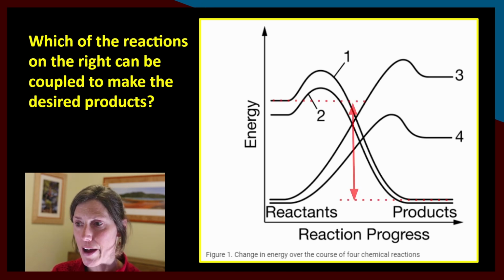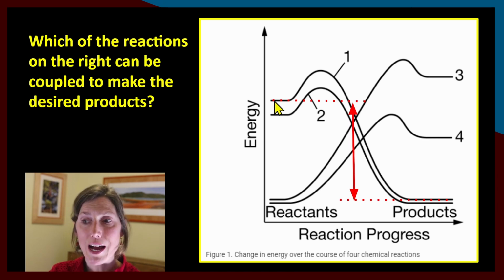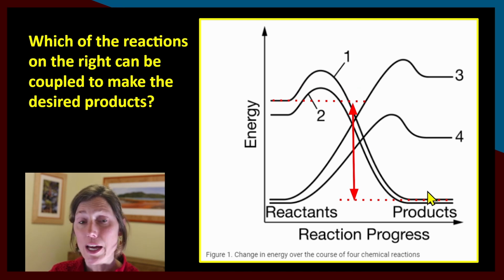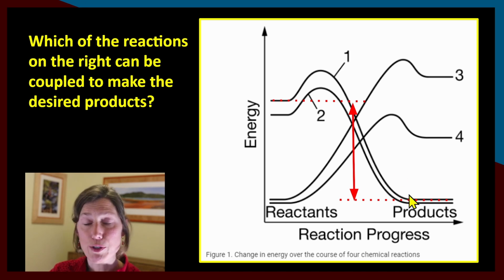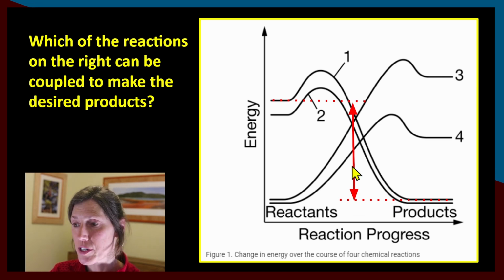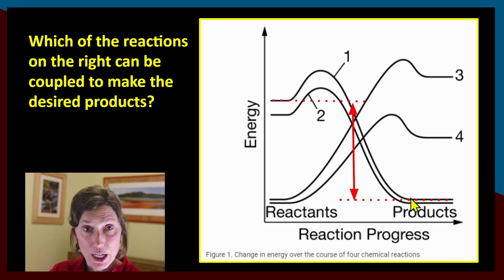So the first graph, number 1, the reactants have a relatively high amount of chemical potential energy. But once this reaction has been completed and the products have been formed, the products have a much lower amount of chemical potential energy, showing you that this reaction is exothermic, as represented by this double arrow and the products being lower than the original reactants.